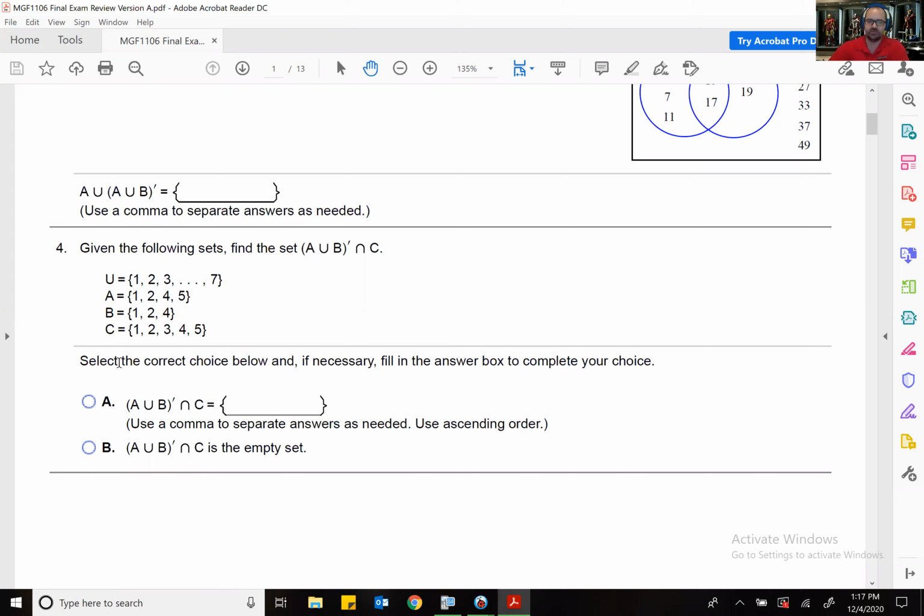The first thing I would do is create the Venn diagram for this, so we can look at exactly what we have. I'm just writing down the sets real quick. B is 1, 2, and 4. And set C is 1, 2, 3, 4, 5.